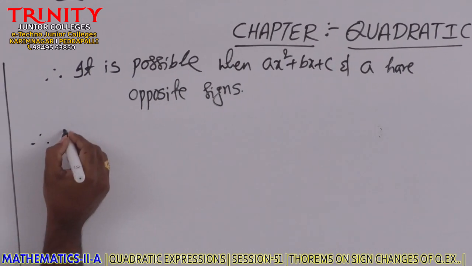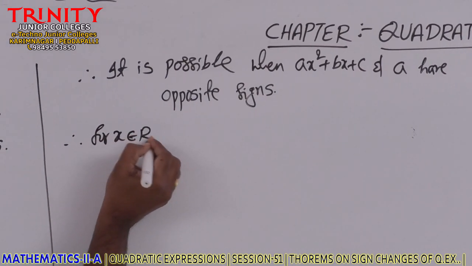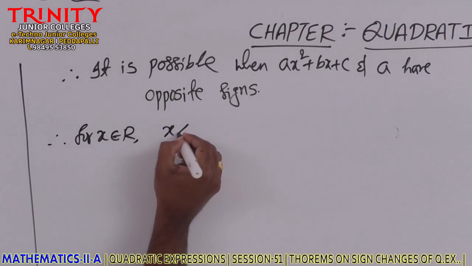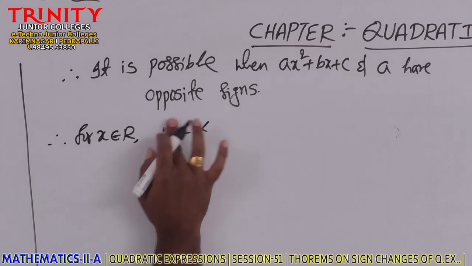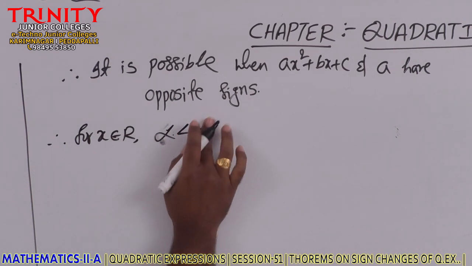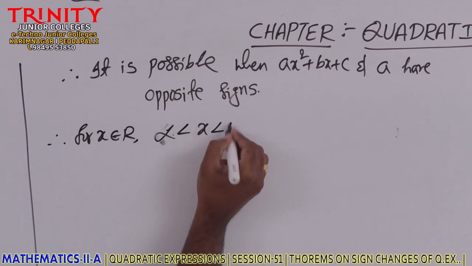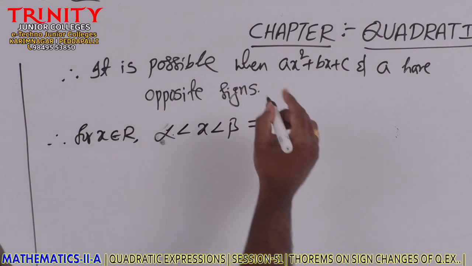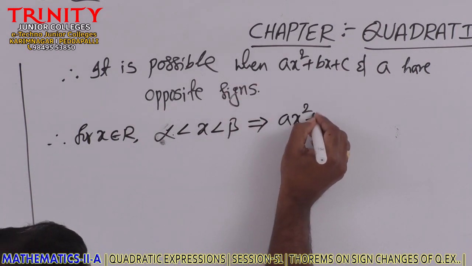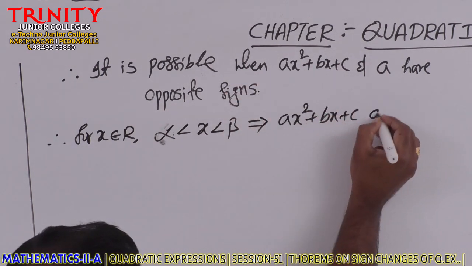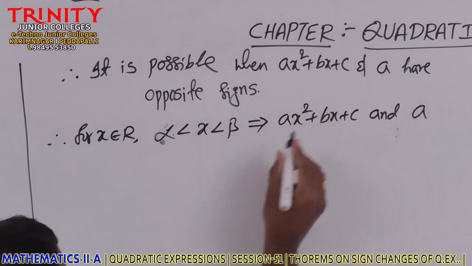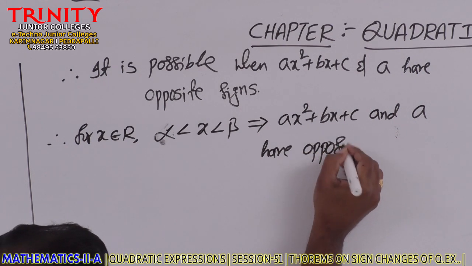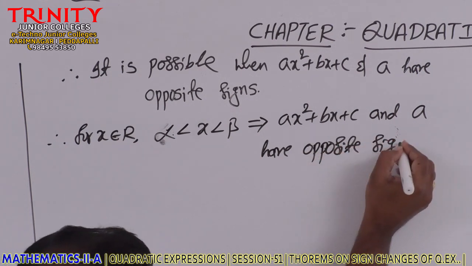Therefore, for x belongs to R, alpha is less than x is less than beta implies ax square plus bx plus c and a have opposite signs.